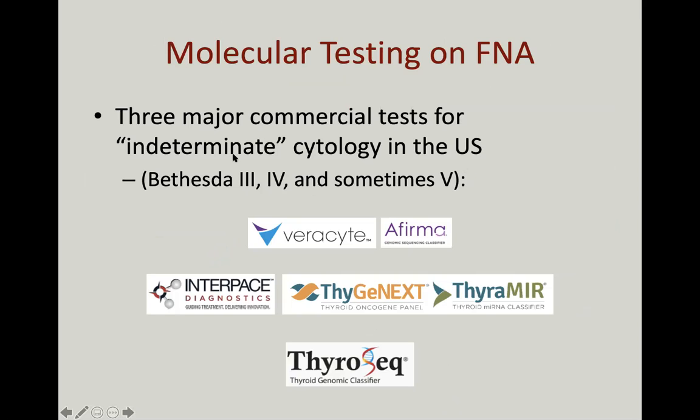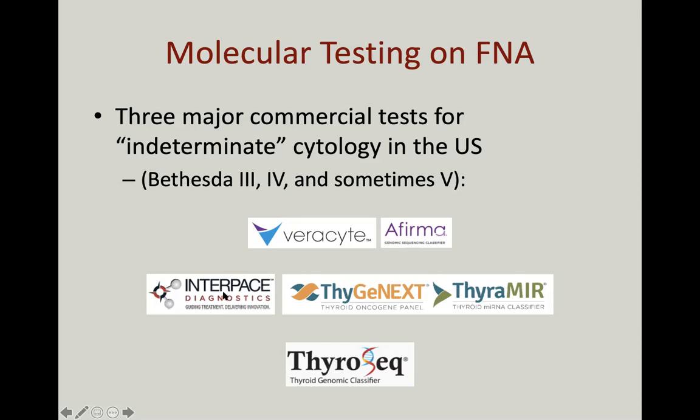So there are 3 major commercial tests for so-called indeterminate cytology. Remember, Bethesda 3, 4, and sometimes 5. Veracyte's Afirma, Interpace's ThyGenX and ThyraMIR, and Pittsburgh's ThyroSeq. In this institution, we send to Interpace, mostly because the reagent is shelf stable and it does not need refrigeration.